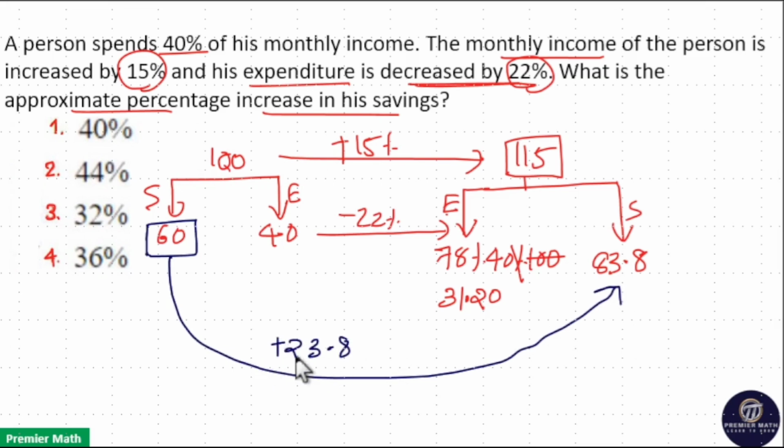So this 23.8 increment is out of this initial saving 60. So convert it into percentage. 20 goes 3 times in 60, 5 times in 100. Now 3 goes around 8 times in 24. Now 8 into 5 is around 40. So option 1 is your answer.